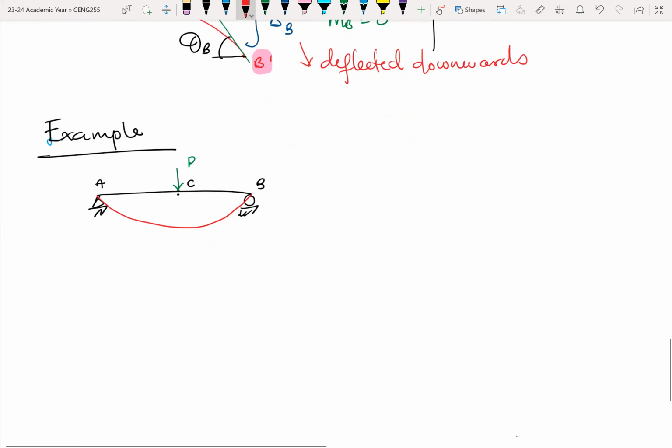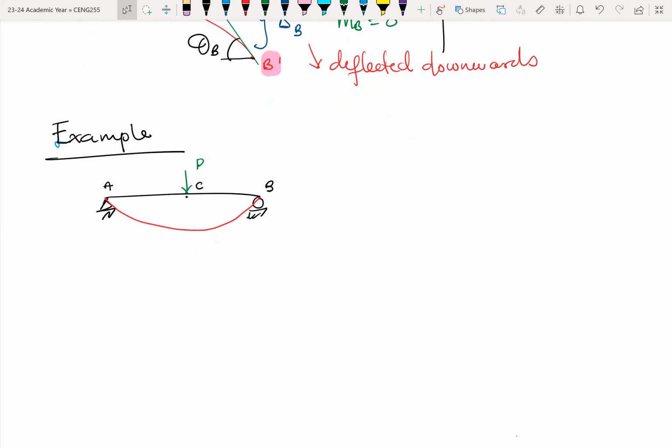All right. So once it deflects, we know that the displacement at A is 0. The rotation at A will not be 0. The displacement at B will be 0. Right now, we are focusing on vertical displacement. We can also have horizontal displacement, but we mostly make the assumption that beams are rigid axially.